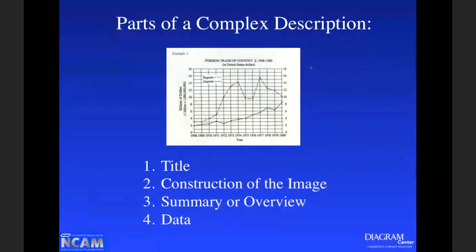And then a summary or an overview, and this is where maybe the art and science, if you will, or the technical writing and creative writing aspect of writing image descriptions really comes into play, because you can have a pretty exhaustive overview, or you can have a very, very brief overview.